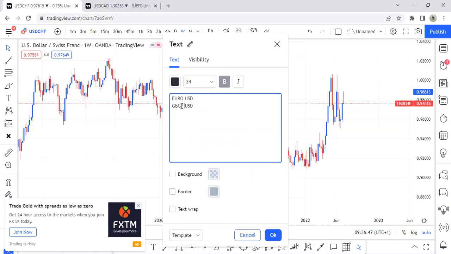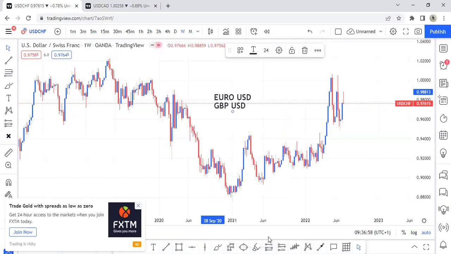Look at this, GBP, British pounds, GBPUSD. This has also been happening on the pairs down.